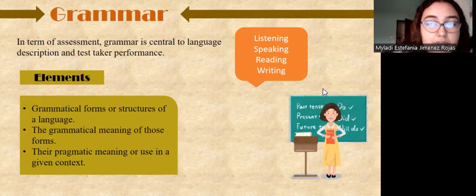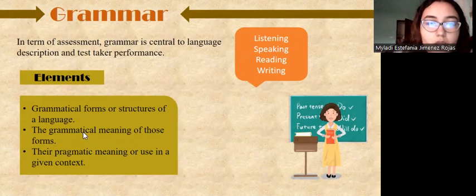language. In addition, grammatical knowledge consists of 3 elements. First, grammatical forms or structures of a language: morphology, whose words are formed, and syntax, whose words are put together, both of which are related to the linguistic precision of language.